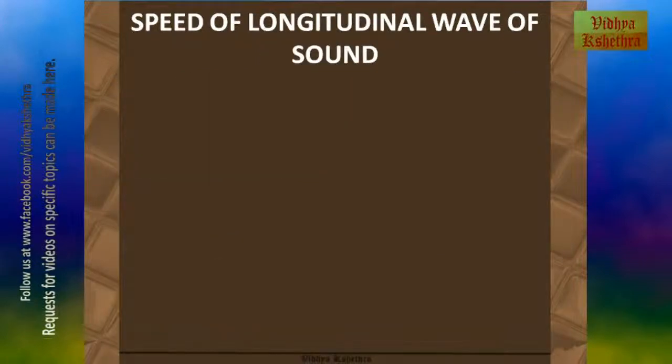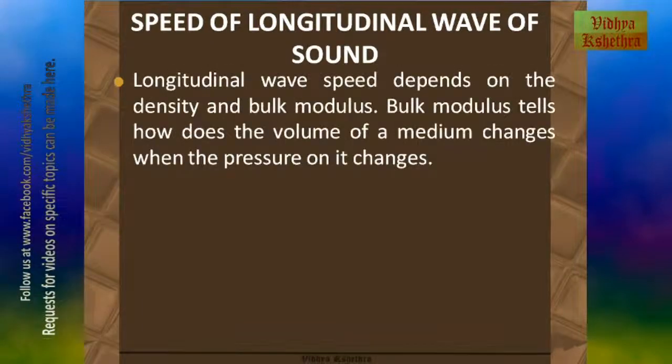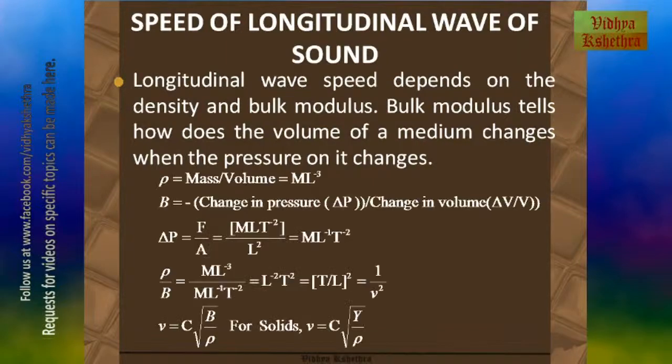Now the speed of the longitudinal wave of sound can also be found out similarly. The speed of longitudinal wave depends on the density and the bulk modulus. Bulk modulus tells how the volume of a medium changes when the pressure on it changes.